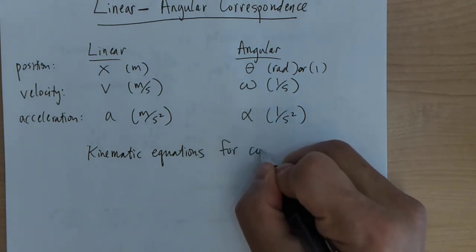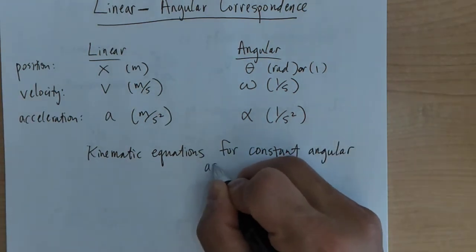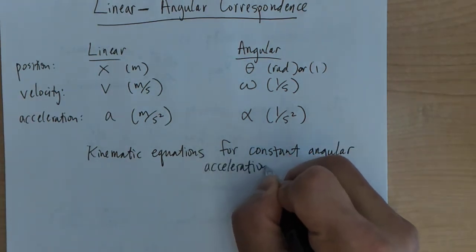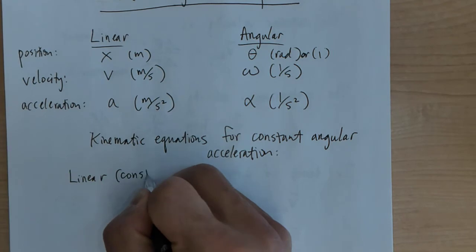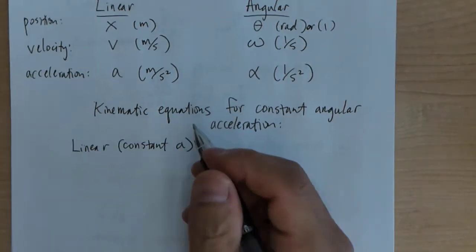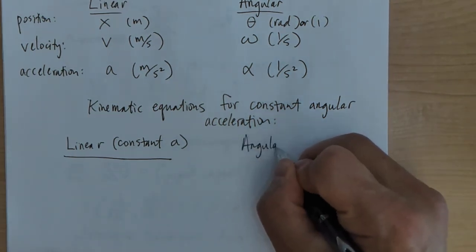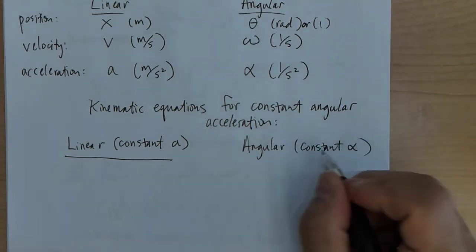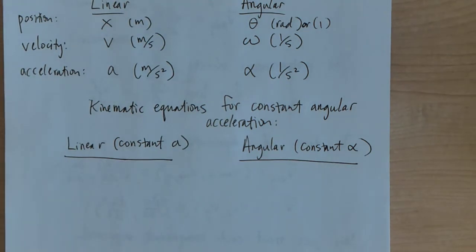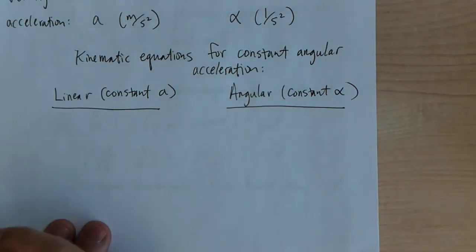What we had before with linear constant a, and then angular, when you have constant angular acceleration, which we called alpha. I think this is the easiest way to learn this stuff: you connect it simply to things you already know.